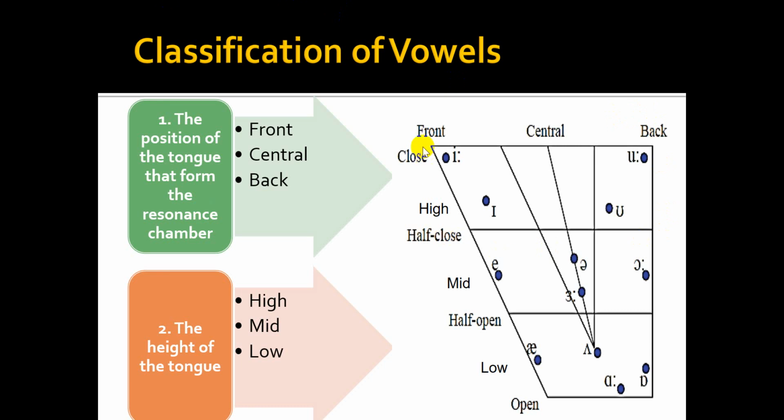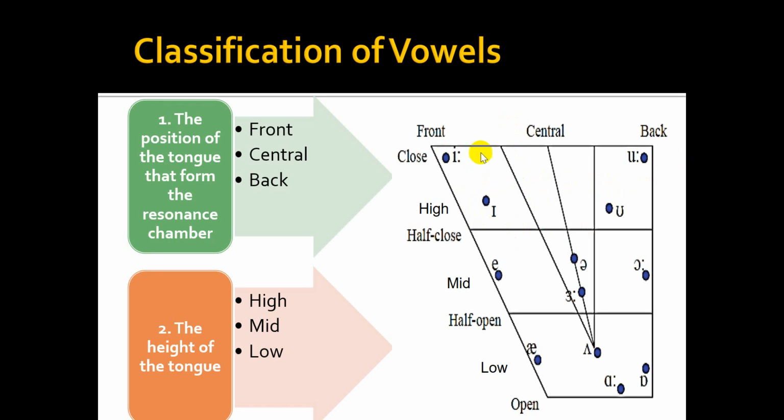Here in the chart, we have the high area. So when the vowel is produced with the tongue raised up to the close and half-closed position, those are high vowels.